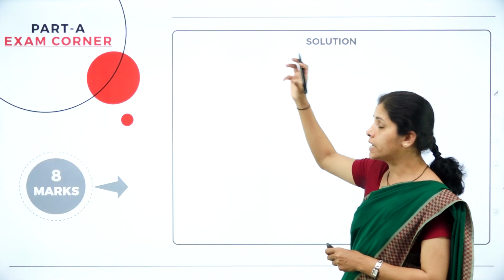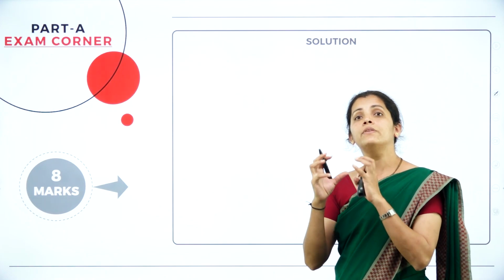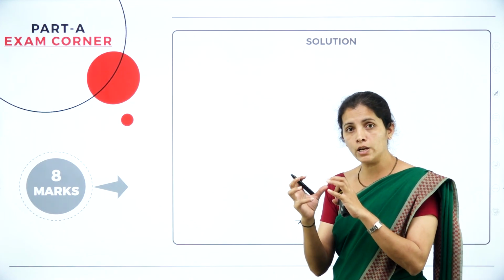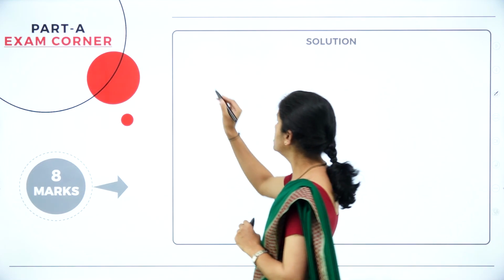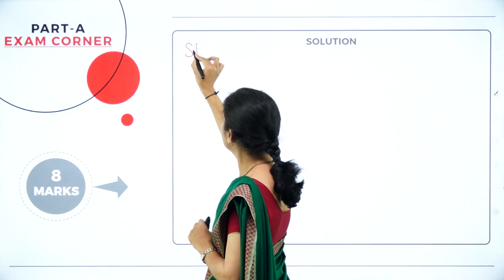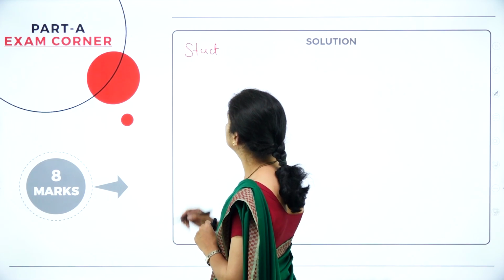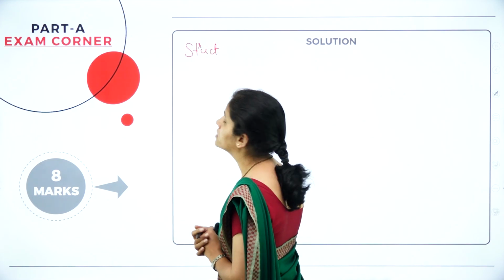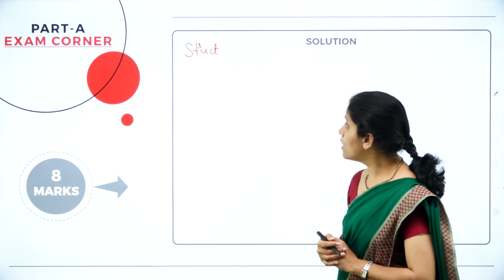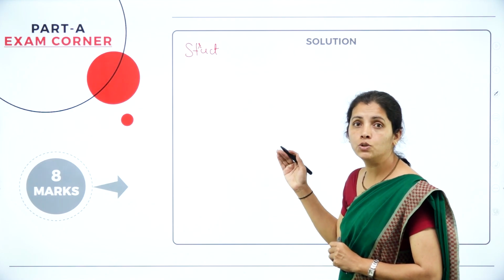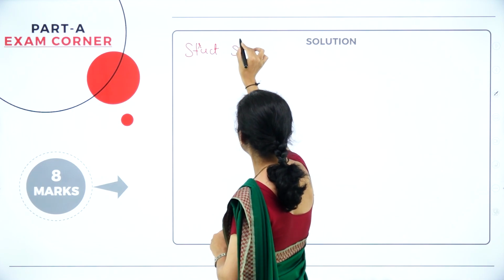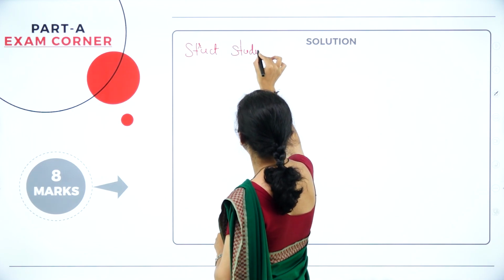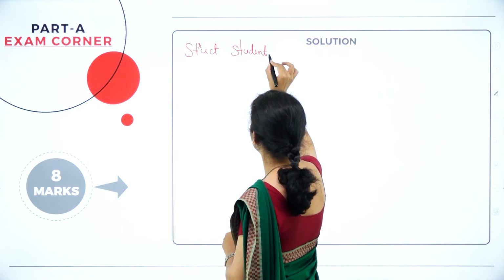In the sense that we can store different kinds of values under the same name. To create a structure, I'm going to use the keyword struct. Now, I want to create student information, so what is the name of the structure? I'll give student.